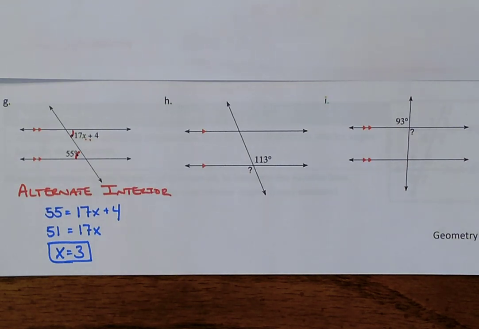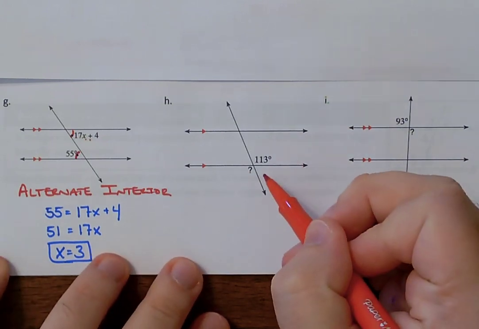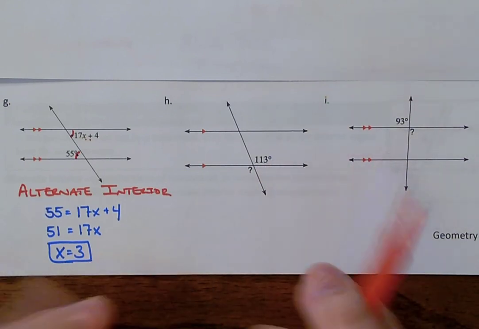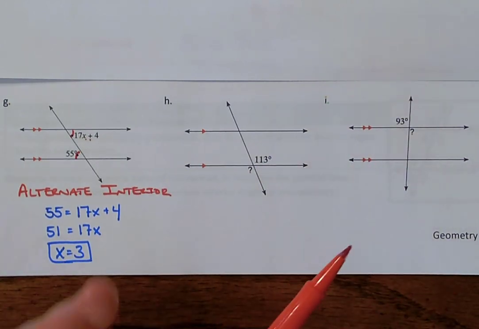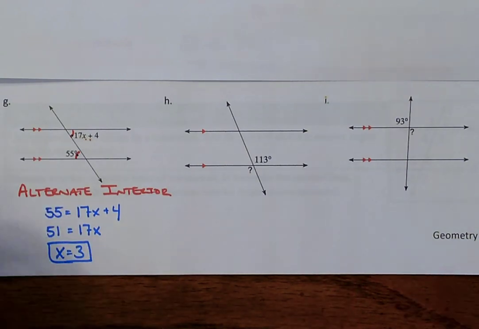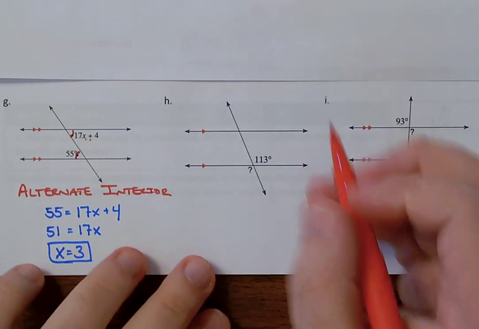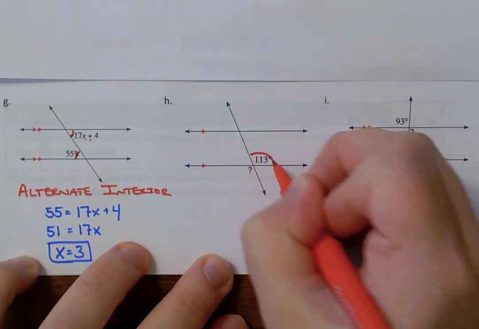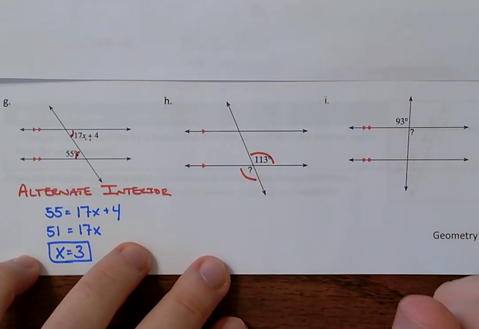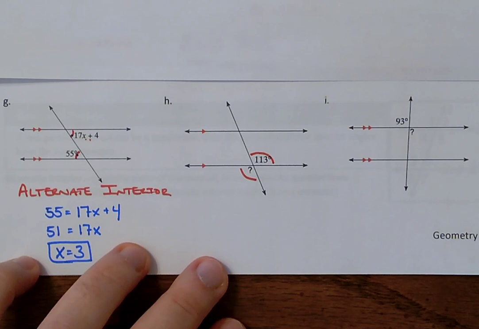Okay, before we finish for today, I do want to take a look at H and I. The reason I'm talking about H and I is because for both of these, we are not talking about corresponding, alternate interior, or same side interior, yet I'm flashing back to the previous section, 4.1. If we look at 113 degrees and this missing angle here, what type of angles are these?